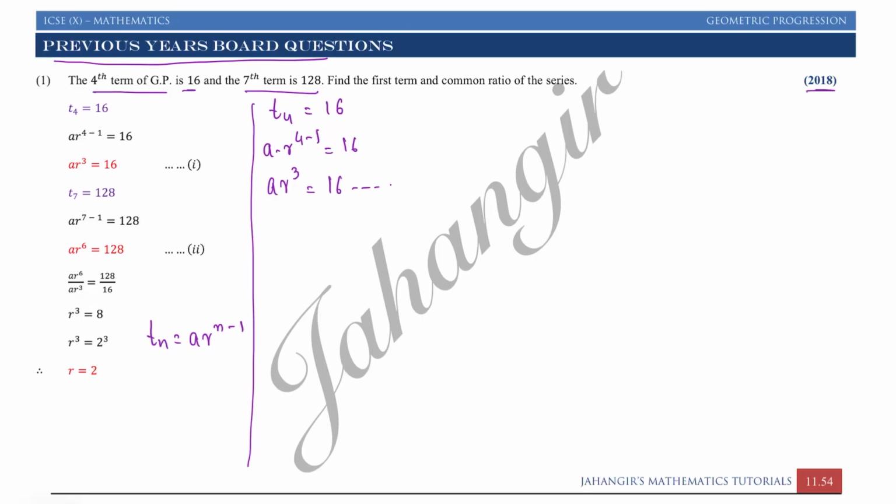This is the first equation. This type of sum we had done in the first and second exercise. Now the seventh term, T7 is equal to 128. So T7 I can write as a into r raised to 7 minus 1 is equal to 128. A r raised to 6 is equal to 128. This is my second equation.